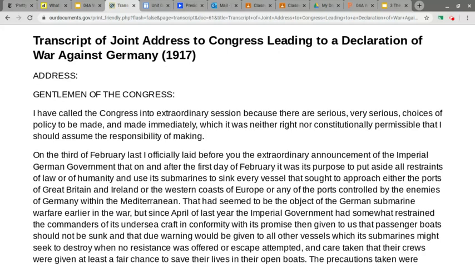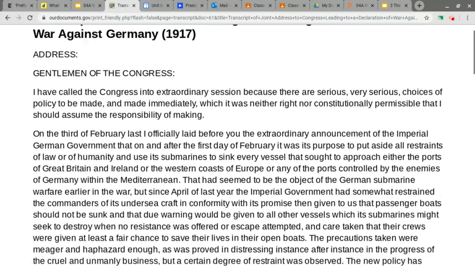Gentlemen of the Congress, I've called the Congress into an extraordinary session because there are serious, very serious choices of policy to be made, and made immediately, which it was neither right nor constitutionally permissible that I should assume the responsibility of making.